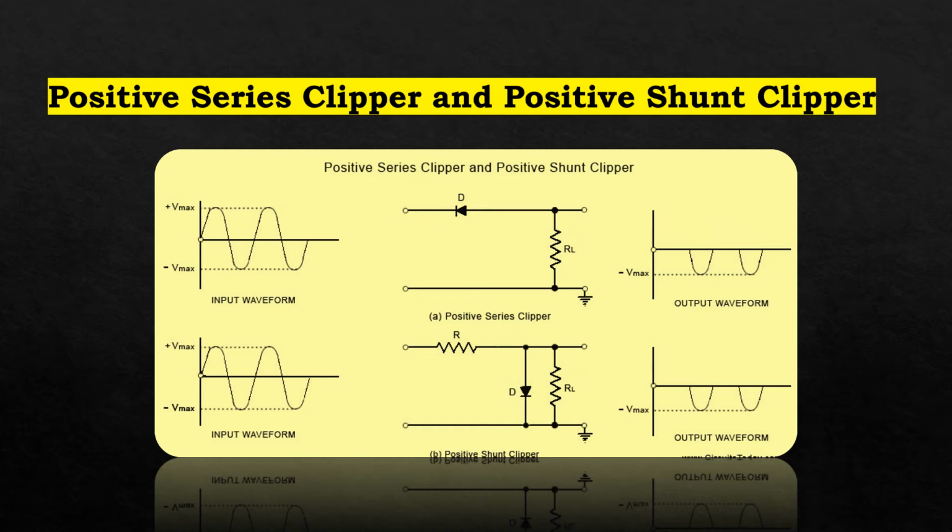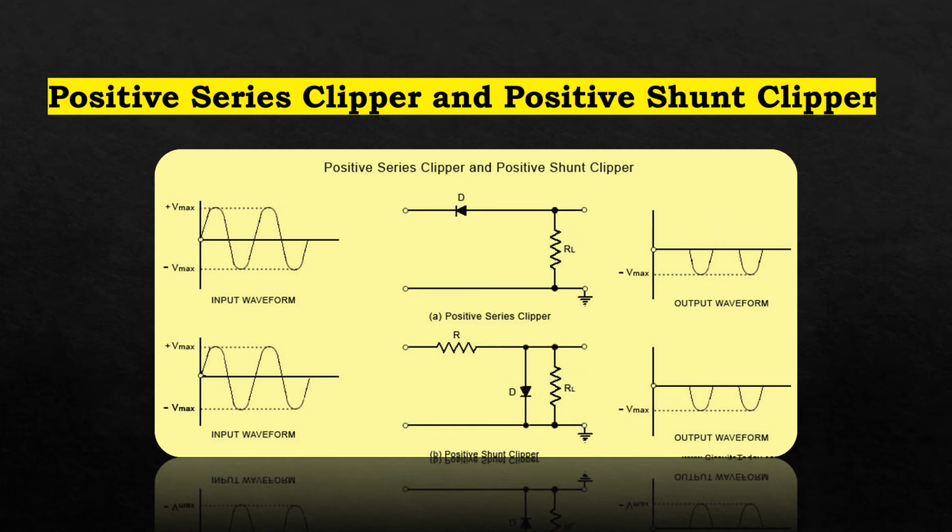During the positive half cycle of the input waveform, the diode D is reverse biased, which maintains the output voltage at 0 volts. This causes the positive half cycle to be clipped off.